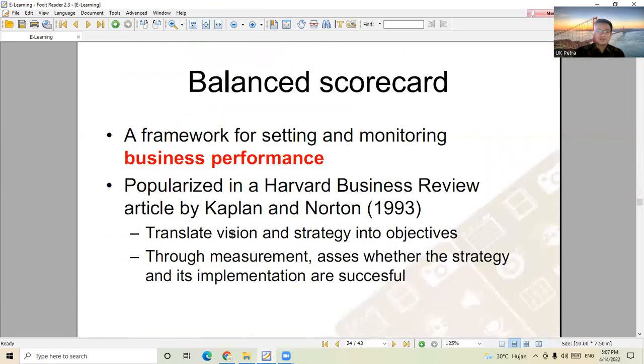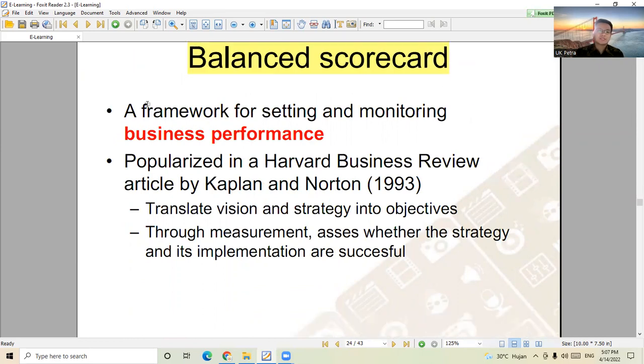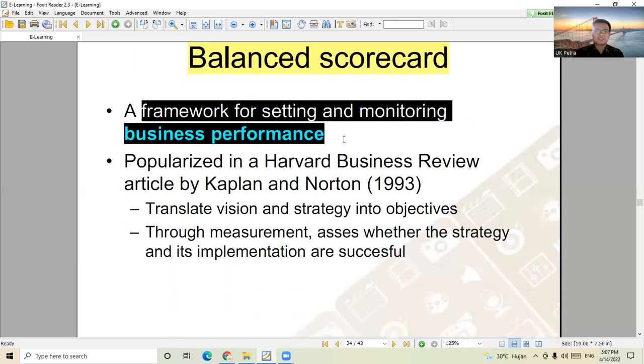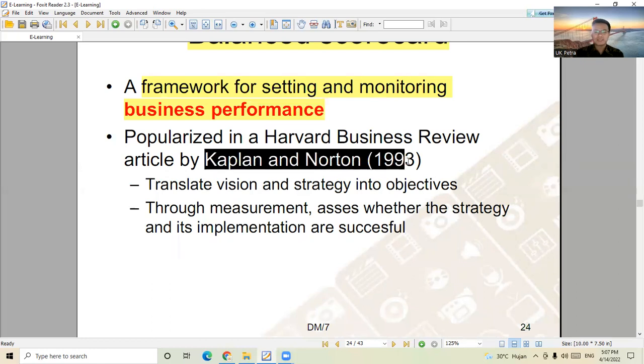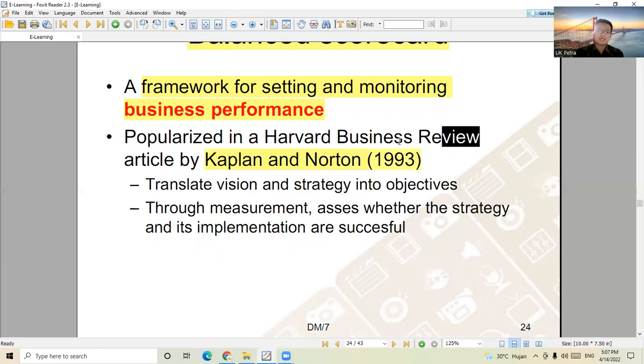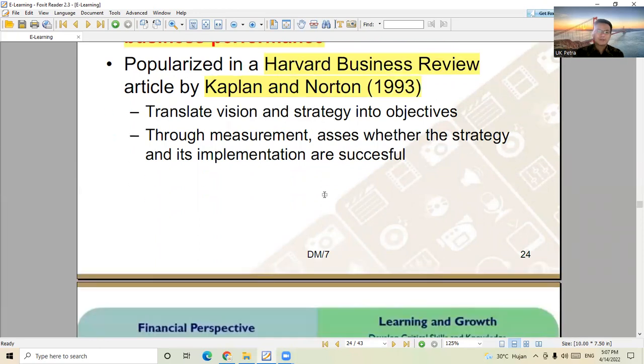The next one, how to monitor business performance. We can use tools. This is one of the most famous tools that is widely used in companies. We call it the balanced scorecard. It's basically a framework for setting and monitoring business performance. It was first introduced by Kaplan and Norton in 1993, and was first popularized in HBR, Harvard Business Review.